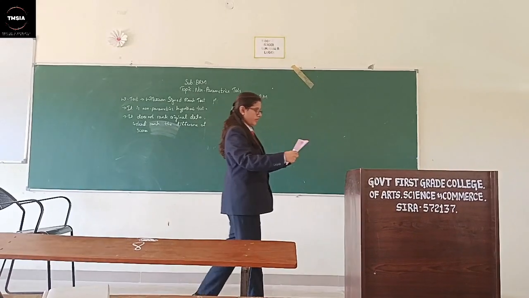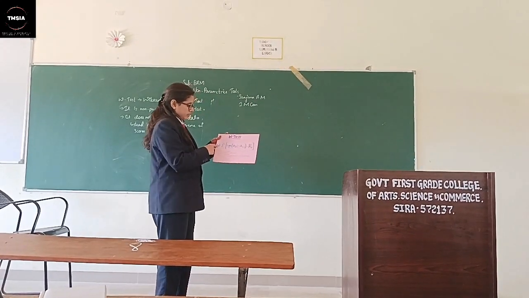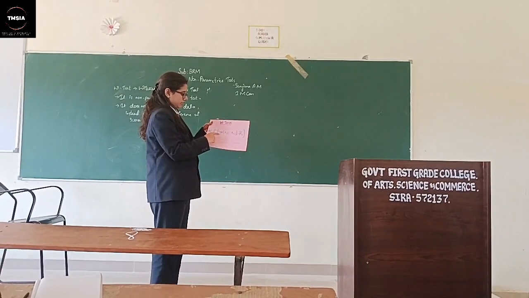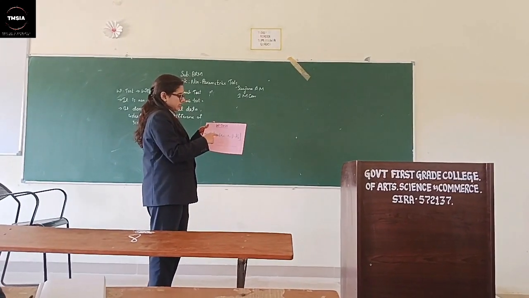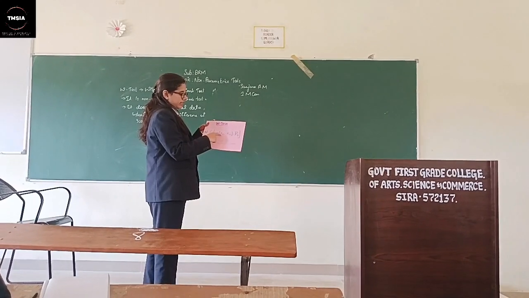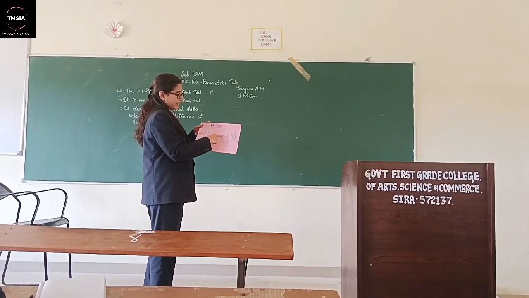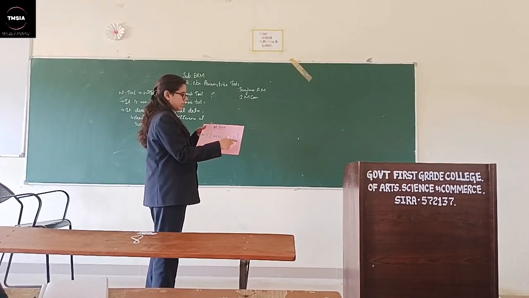See, this is the formula of W test. W is equal to sigma of sgn, which is denoted as sign of x2,i minus x1,i, into Ri.